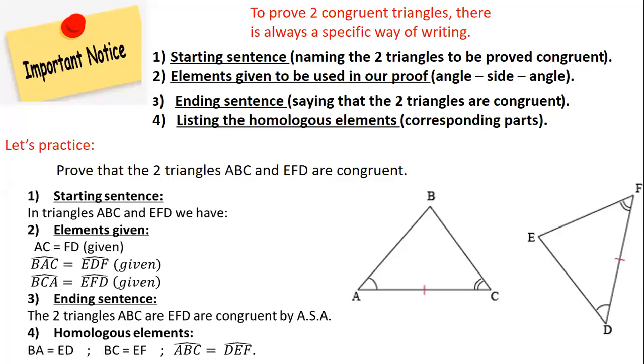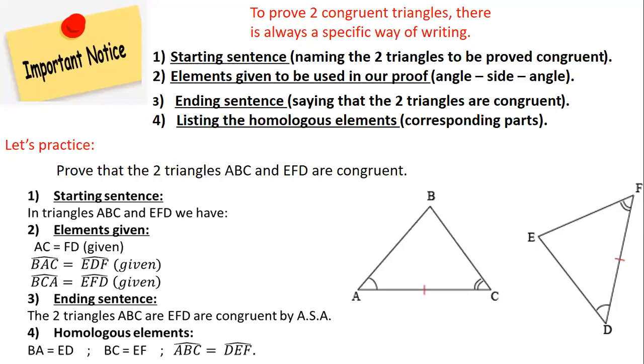Number 1, starting sentence: naming the two triangles to be proved congruent. Number 2, elements given to be used in our proof: angle, side, angle. Number 3, ending sentence: saying that the two triangles are congruent. Number 4, listing the homologous elements, corresponding parts.